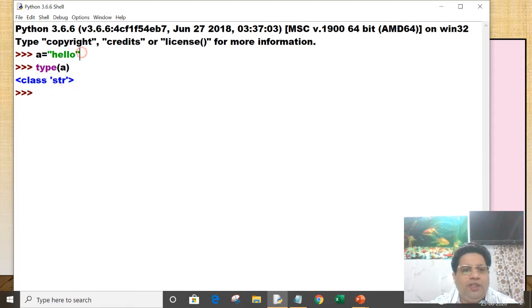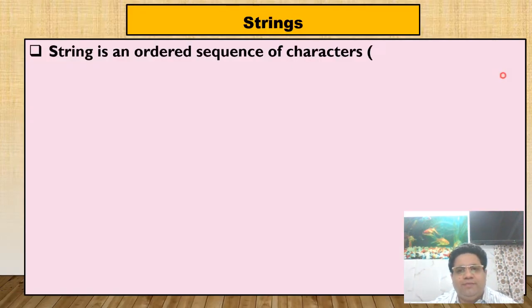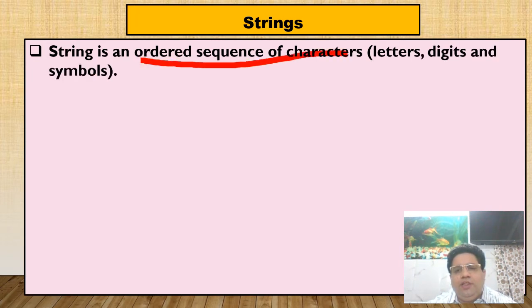Here hello has been written within double quotes. Similarly, you can write any string within single quotes also. Now I am writing the same string within single quotes. Again use the type function to get the data type. Again you will see it is giving class str. Str means string. So it is an ordered sequence of characters. Characters can contain letters, digits and symbols.